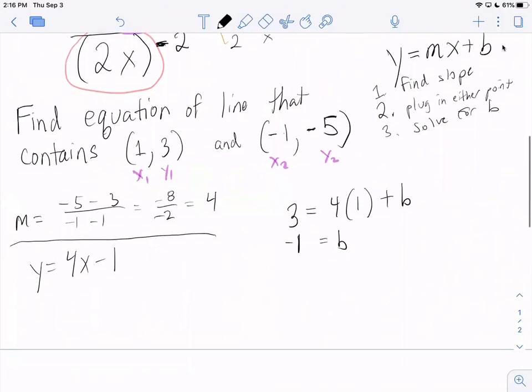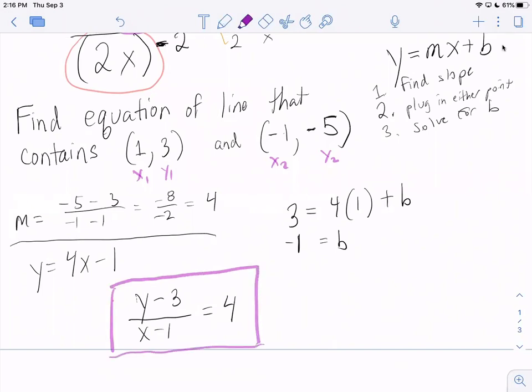It better be true that y minus 3 all over x minus 1 is equal to 4. So this is another way, called the point slope form. If you multiply both sides by x minus 1 and rearrange and solve for y, you'll get the same exact answer. So it's another approach. I think the solving for b approach is really nice, but this one will be useful later on as well.